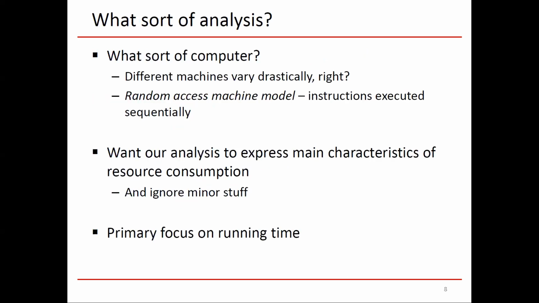So what sort of analysis would we like for algorithms, and what sort of computer can we use? There are a lot of different types of machines. There's an abacus, or basically using your fingers, which is silly, right?